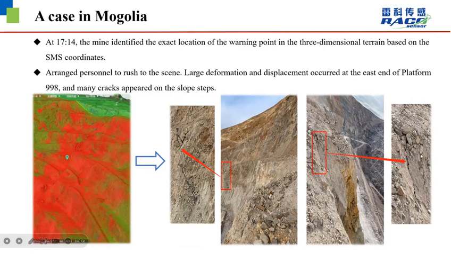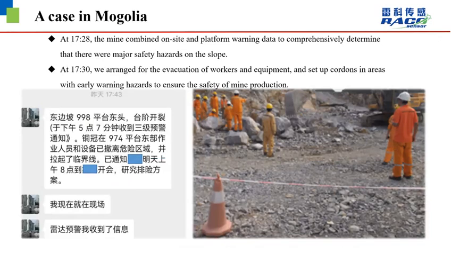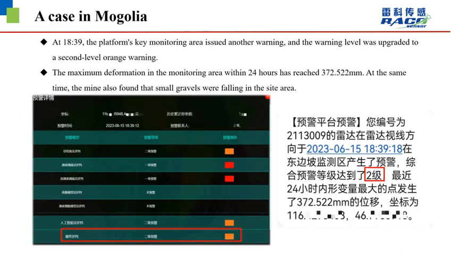Okay, can see some cracks. Based on this situation, the mine decided to evacuate nearby mining machinery and staff. An hour later, the alert was further upgraded to an orange alert.